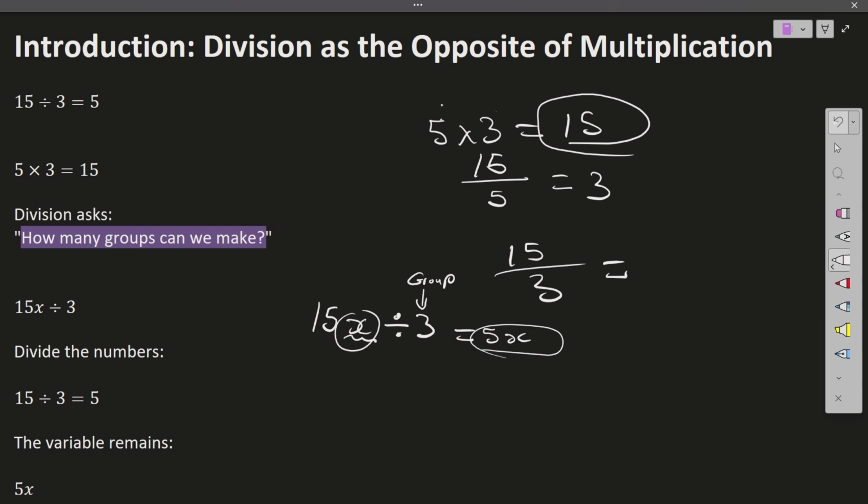Okay, so there's nothing different from our usual arithmetic going into our algebra. The only difference now is that we are keeping our x. And so here I use the division sign. Let me use the fraction so you can clearly see this. 15x divided by 3.